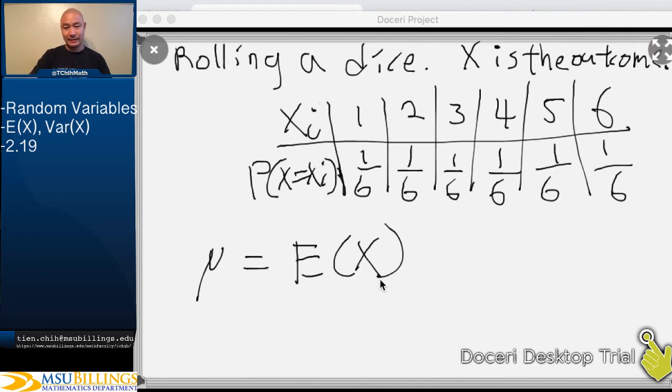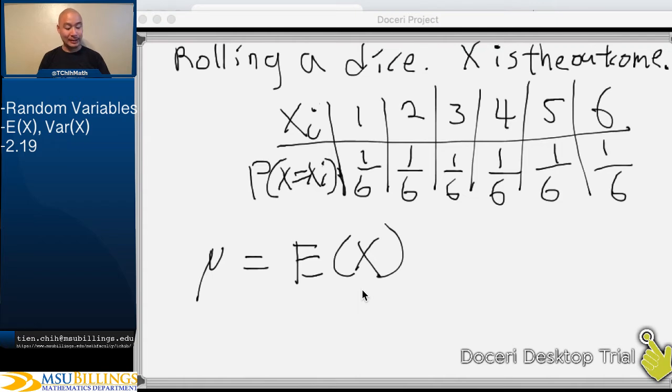So E of x: the random variable is the input, and the output then is the expectation of x, or the average outcome of x.